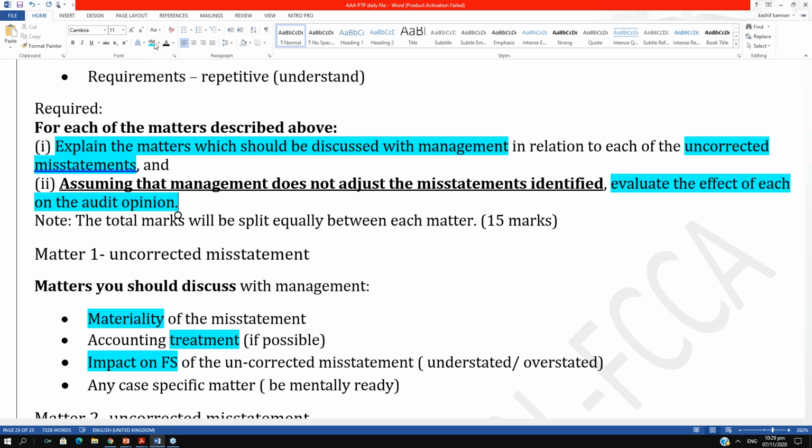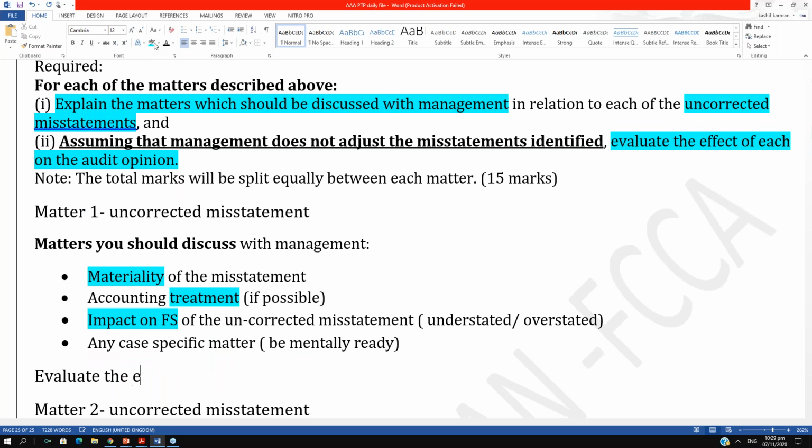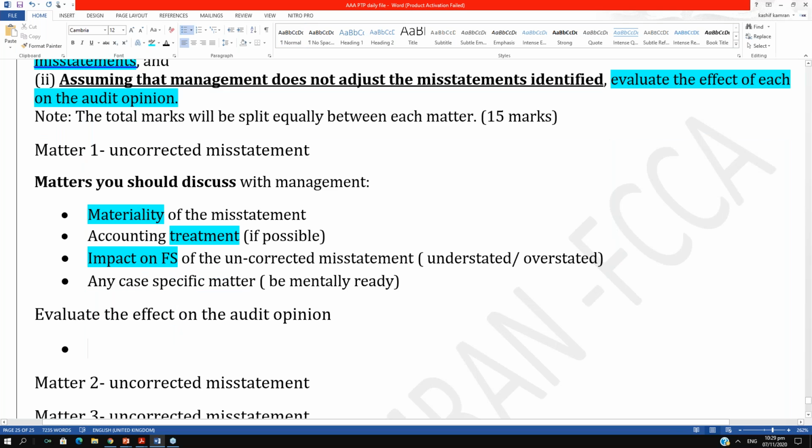So for each uncorrected misstatement, you have to evaluate the effect on the audit opinion. You need to judge which opinion you need to give and why, right?